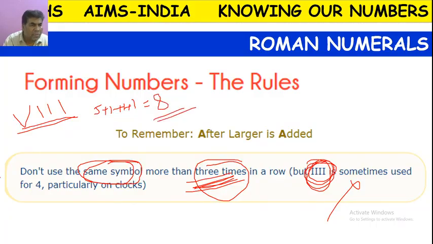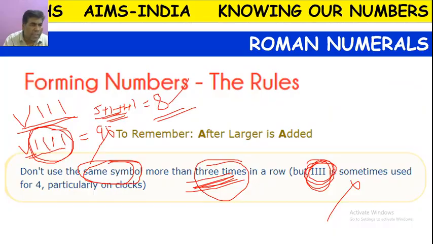We got 8. Why? If we write it like this, what is this value? 9, because 5 plus 1, 6, 7, 8, 9. But here, how many times is I added? 4 times. So that's why this is wrong. Only 3 times we can add.